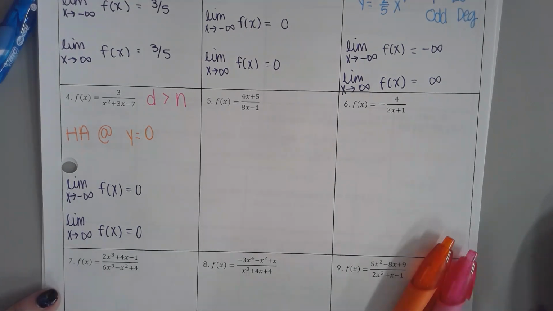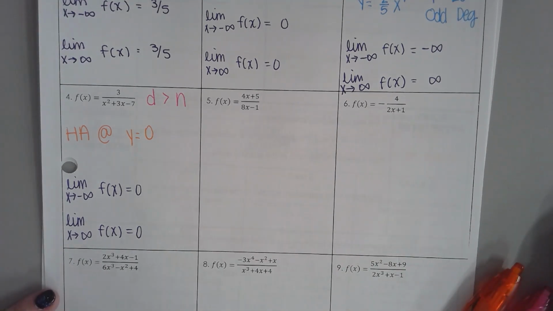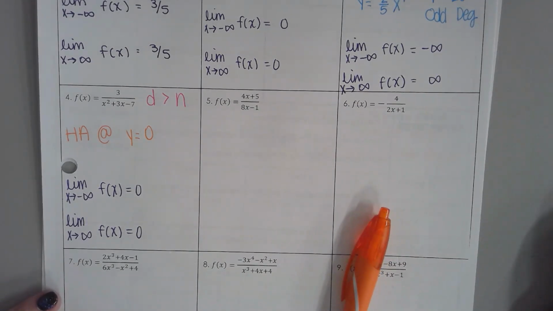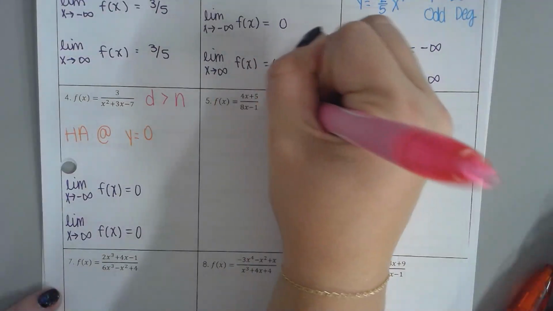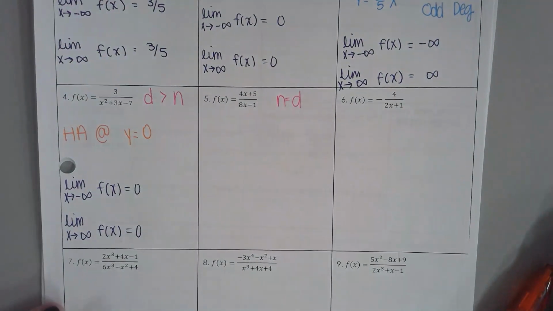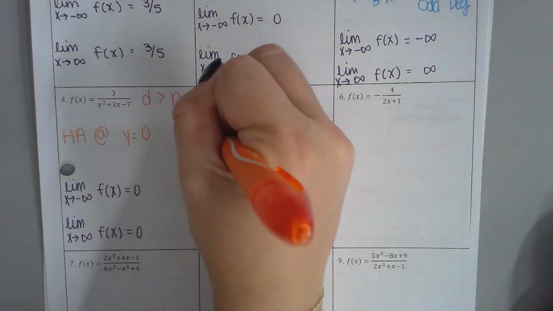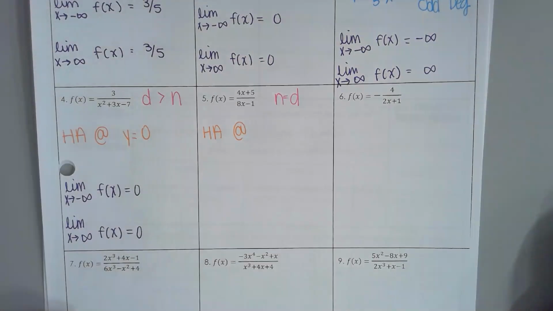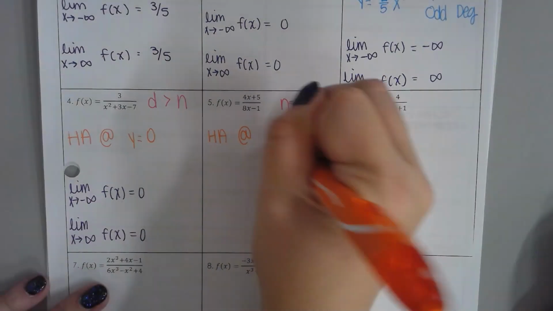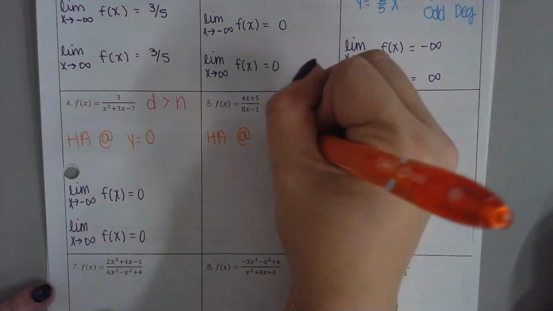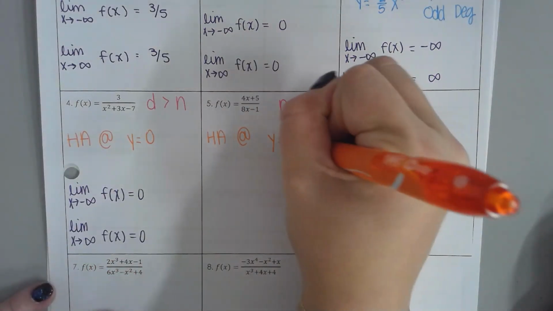Number 5. Which degree is bigger? They're the same. So n equals d. So there is a horizontal asymptote at y equals what? 4 over 8, which is 1/2.